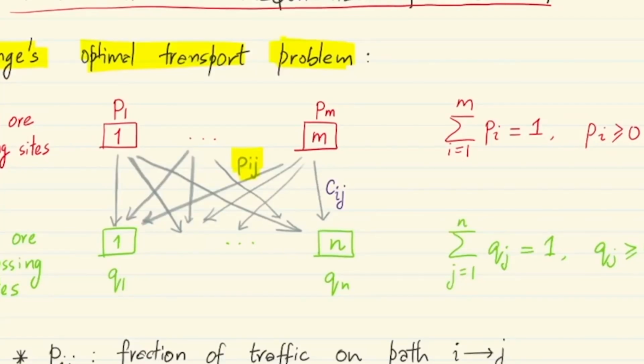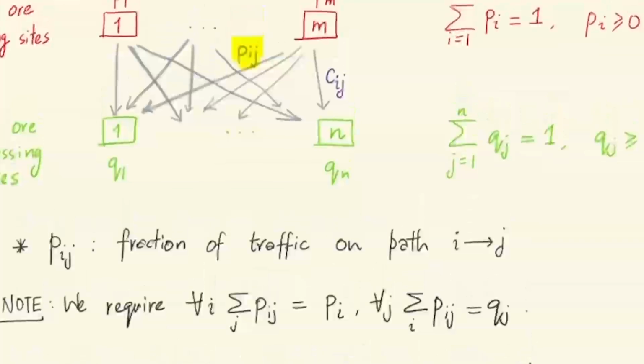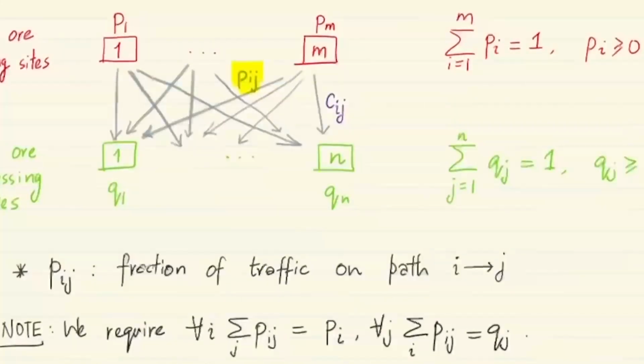There is no directionality here, it can even be going from j to i, depending on your point of view. So, Pij is the amount out of the total Pi that goes along the path i to j, and naturally, in order to satisfy the exact demands at the receiving end, which is the green end, as well as the conservation of mass at the sending end, we require the following equality constraints to hold.